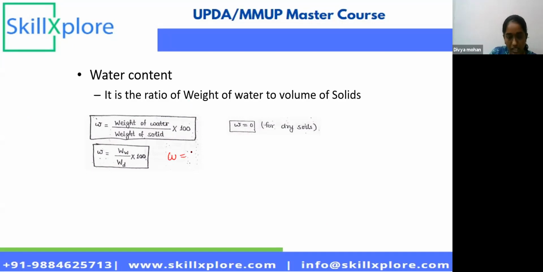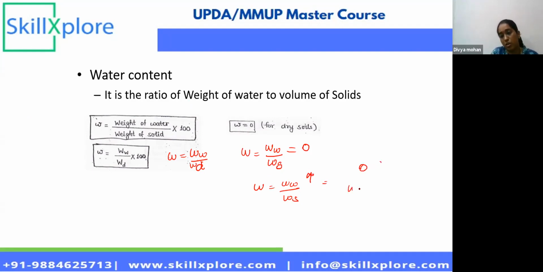So it is WW by WS, where WS is the weight of solids. For the dry condition, WW will be 0. For the saturated condition, WW may even take a value greater than WS. So from 0, it can take any value. So WW can take any value. This is the range of water content.